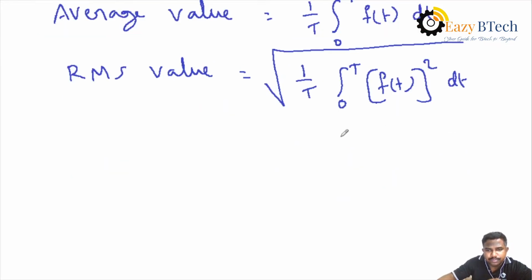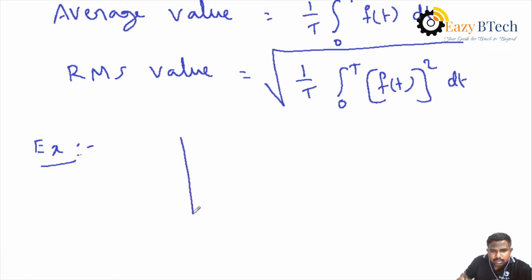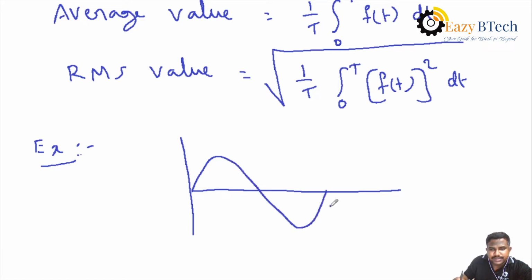For example, consider a periodic waveform. I am taking the basic periodic waveform, the sine wave, where the y-axis variable is voltage and the x-axis variable is t.